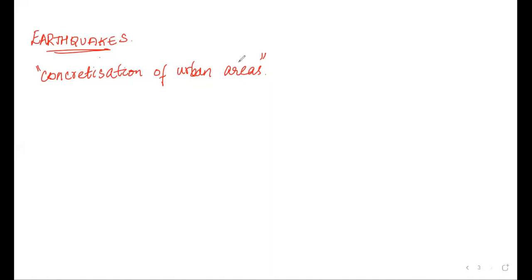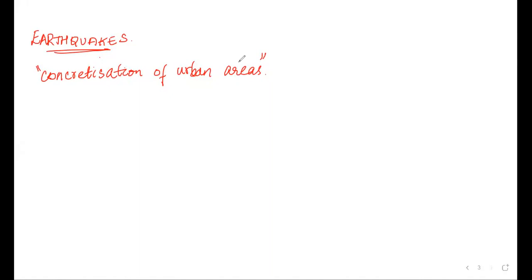Because of that, there is an increased frequency of earthquakes in many parts of North India because of this slow northward movement of the Indian plate, where we are getting down thrusted underneath the Eurasian plate. India is being down thrusted under the Eurasian plate.